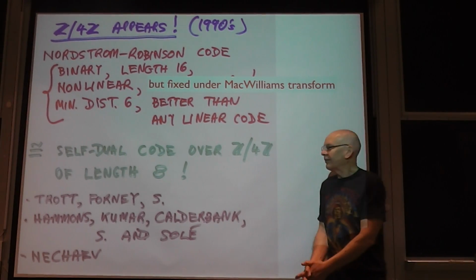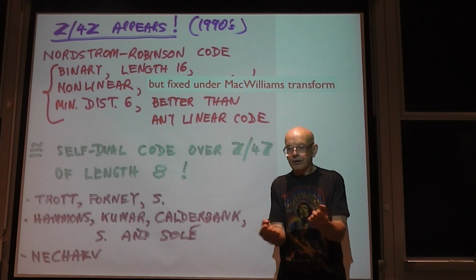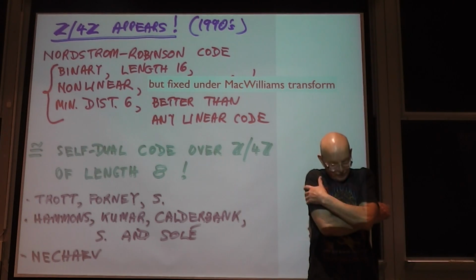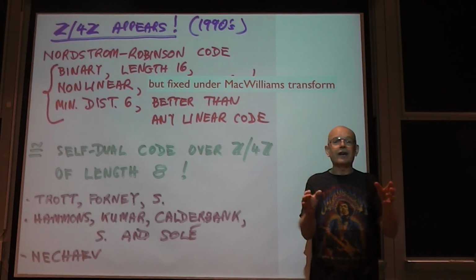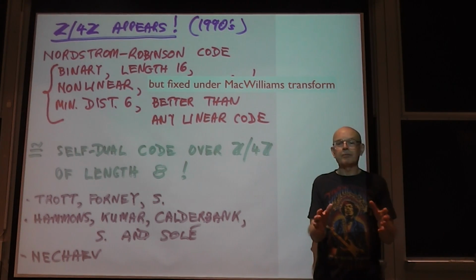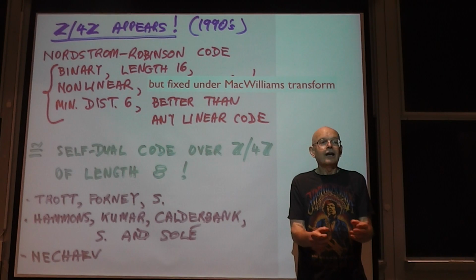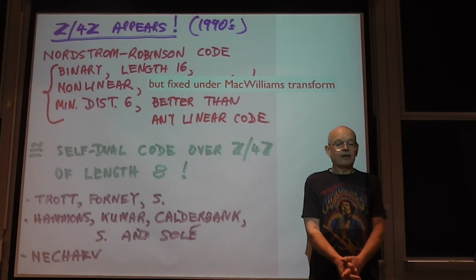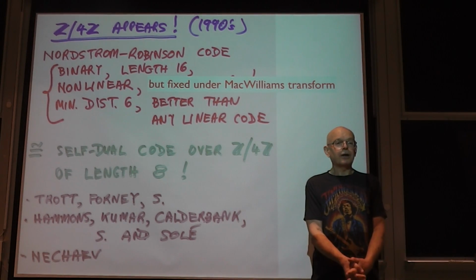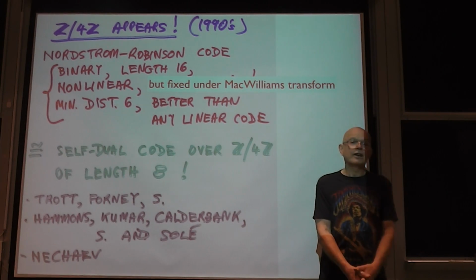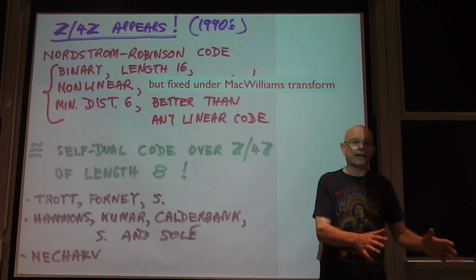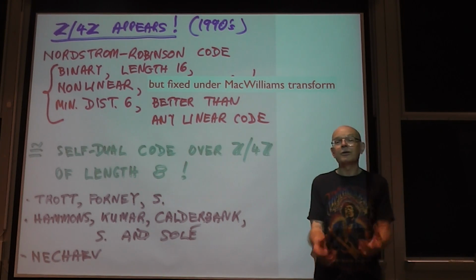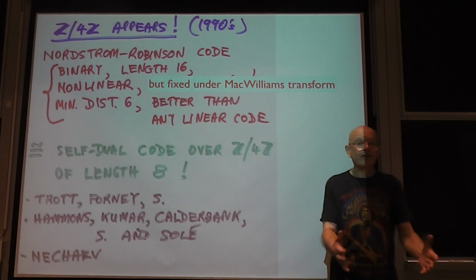He noticed, if you do the sphere packing bound for double error correcting codes of length 15, if you want a binary code of length 15 that can correct 2 errors, what's the most codewords you can have? The sphere packing bound says you could conceivably have 256 codewords. It wasn't 289 or 213, which would be kind of ugly. 256, 2 to the 8th. Beautiful. Does this code exist?